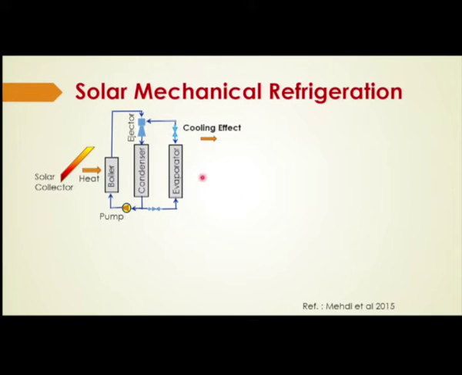Here also solar collectors are used to convert the sun radiation into heat. This heat is used in the boiler. A pump is used. The pump used in this system consumes very little power compared with the previous Rankine cycle based solar mechanical refrigeration, and we will have a condenser and evaporator with an ejector to get the cooling effect.